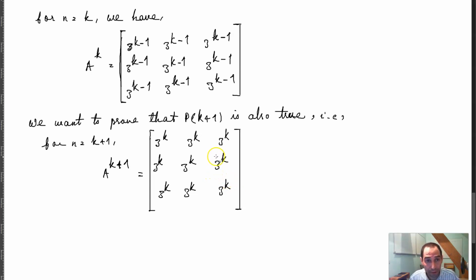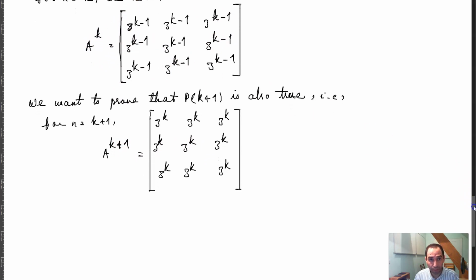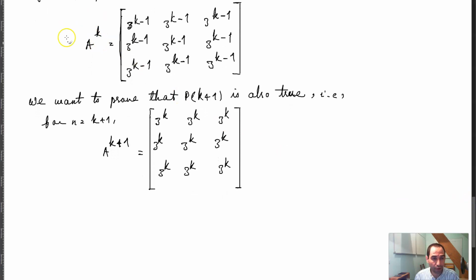Now if I know that A raised to the power k is this matrix, I can multiply it by another A, right? I can write A raised to the power k times A is equal to A raised to the power k plus 1.